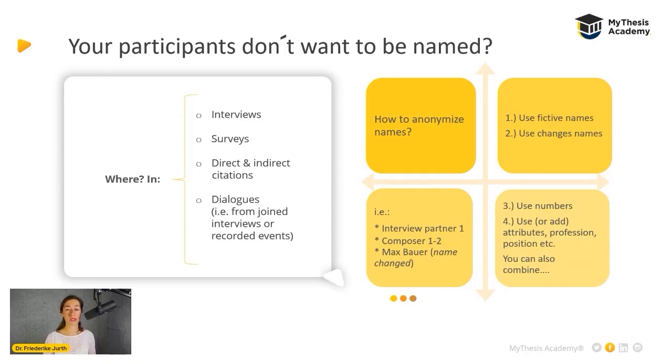So, if you conduct an interview, a survey, if you want to enter some direct or indirect quote from them, and also if you have joint interviews and recorded events. So, for example, if you conducted an interview not only with a single participant, but a collective interview, for example. This is also possible. So, how can you deal with that?